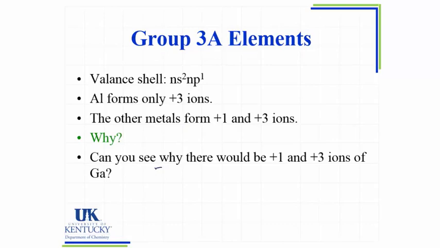Well, let's write down that configuration we came up with. 4s2, 3d10, 4p1. Okay, if it only lost that p, that'd be okay. It still has a completely filled s, yes, and all of those d's in there, and so it likes to do that.